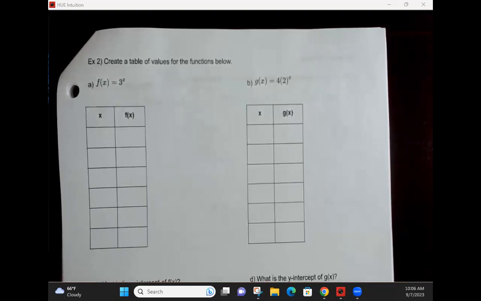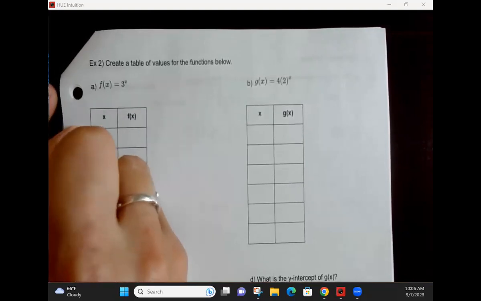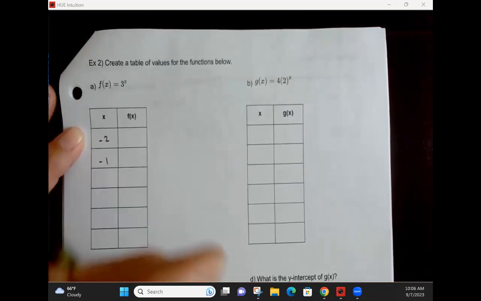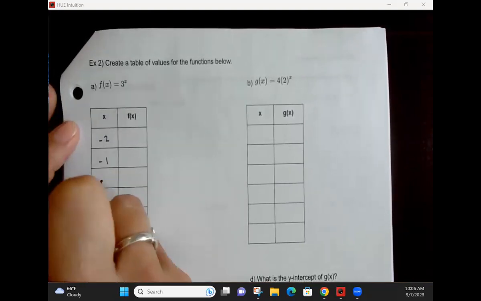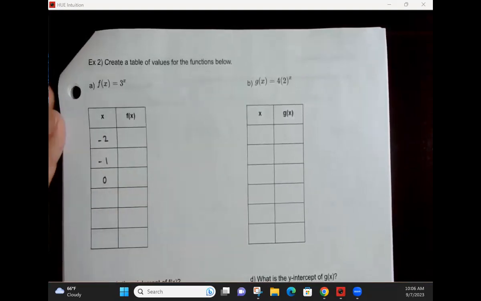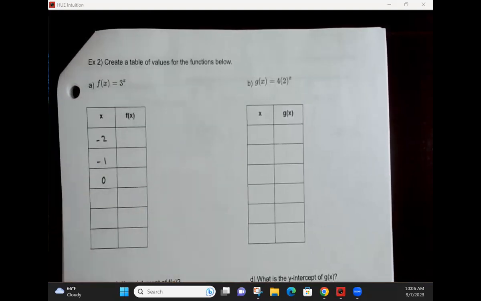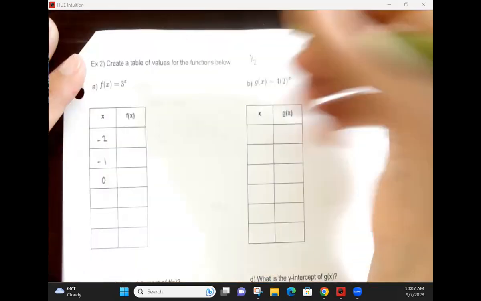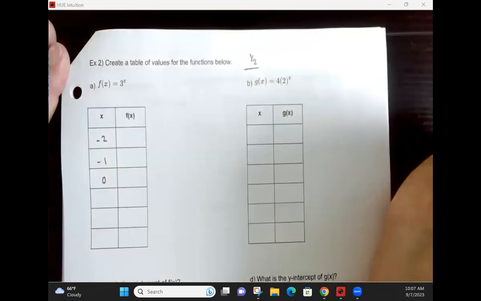So I want to be able to plug in negative numbers and 0, and fractions potentially, a rational exponent. So 1/2 might be a decent value to plug in for x for some of our problems.